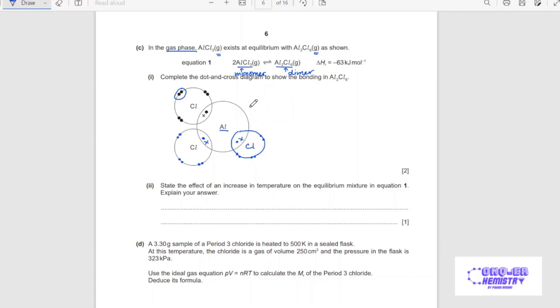All right. Now the way we're going to show this is I'm going to draw another AlCl3. Okay. And this Al over here is going to be bonded to a Cl from the first AlCl3, right? Now, this might look a little confusing, but let me explain.